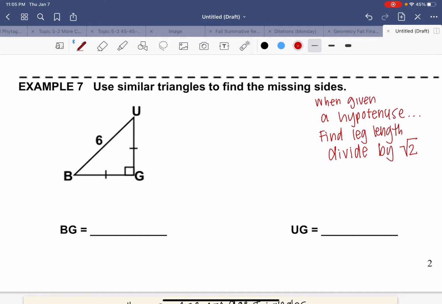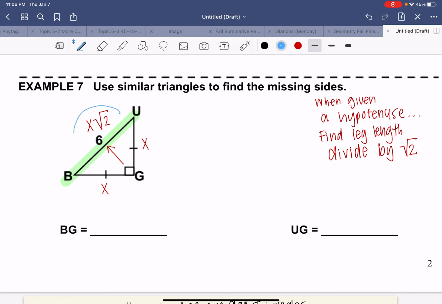Okay, so let's do this one. Notice that it gives us the hypotenuse. Okay, and the hypotenuse is always labeled with x times the square root of 2. The value of the legs are always x.